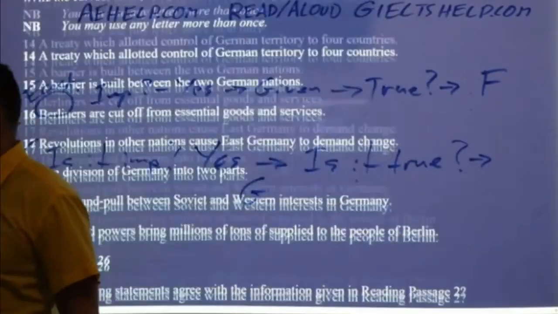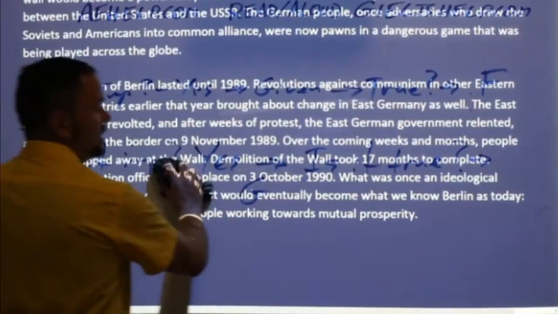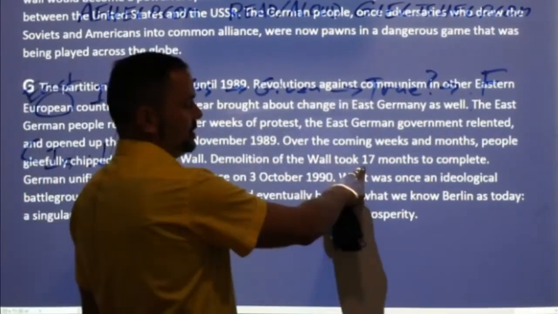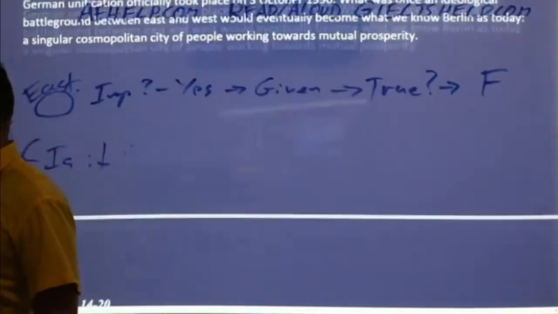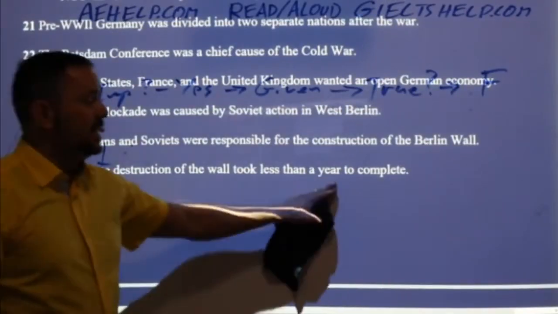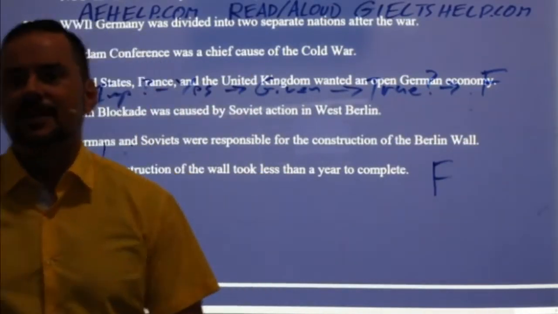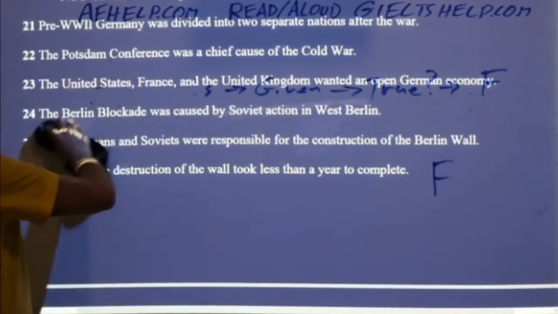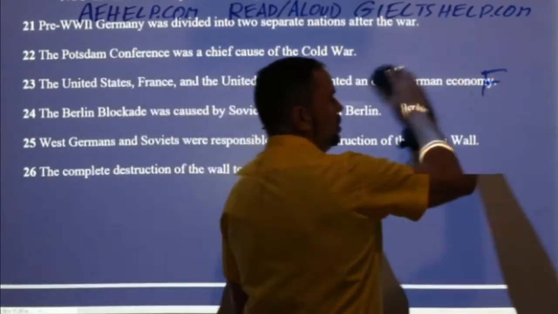So we can check, especially if you have enough time. And I remember the answer was here. Demolition of the wall took 17 months to complete. Yeah, very good, Lydia. So therefore, the answer for question 26 is false.